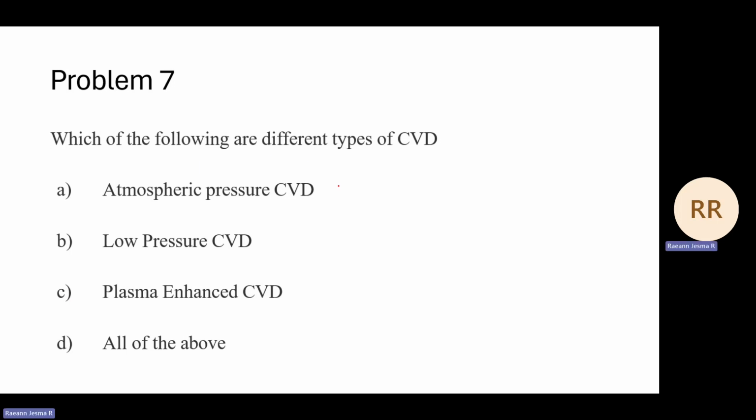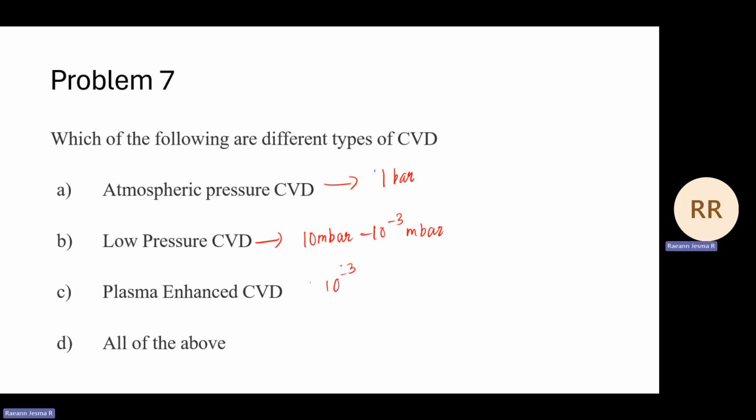In atmospheric pressure CVD, like I told before, it works at atmospheric pressure, around 1 bar. In low pressure CVD, it is around 10 millibar to 10 power minus 3 millibar. In plasma enhanced CVD also we'll have similar pressure.